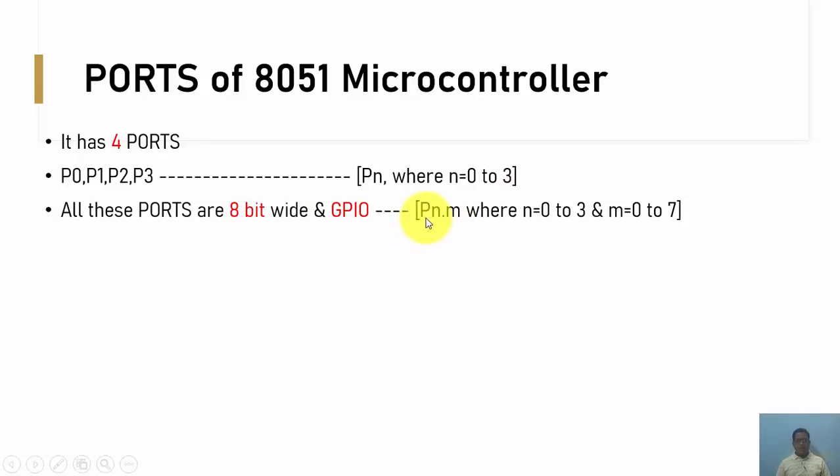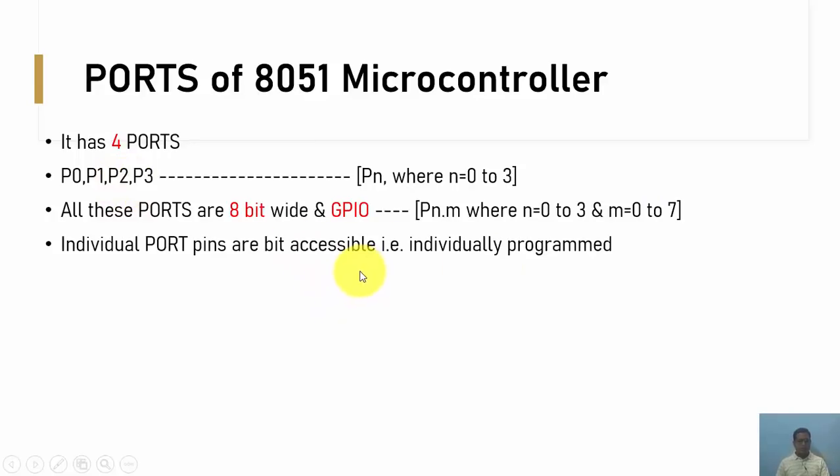This is in general represented as Pn.m, where n, as already discussed, is 0 to 3, that is P0, P1, P2 and P3. When we represent a specific port pin, we use the m notation. In Pn.m, m goes from 0 to 7. For example, if I use the pin 3 of port 2, it is represented as P2.3.